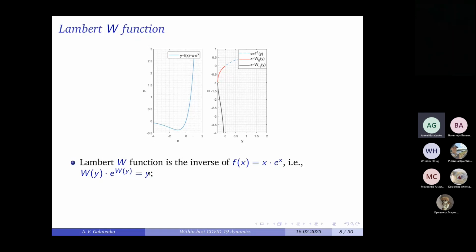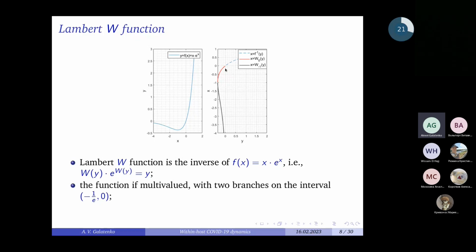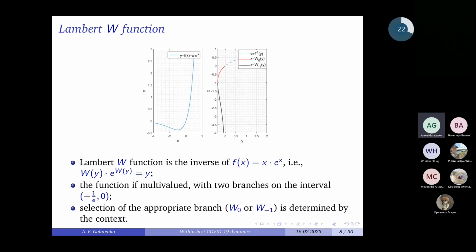That is, w of y times exponent of w of y is identically equal to y. Obviously, this function is multivalued on the interval from -1 divided by e to 0. It has 2 branches denoted by w sub -1 and w sub 0. The selection of the appropriate branch is determined by the context.